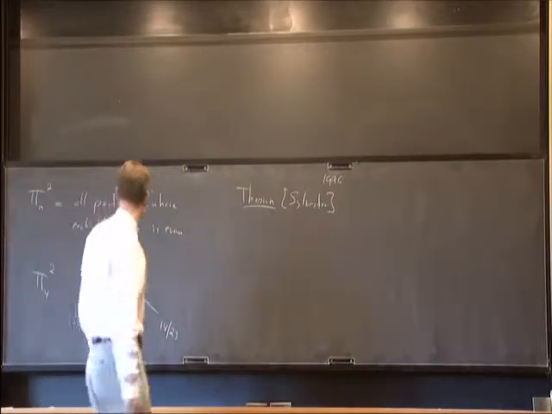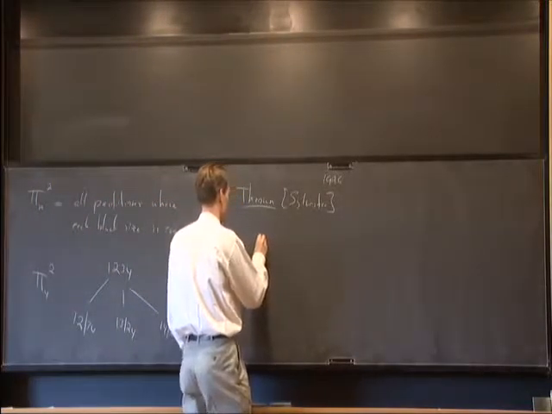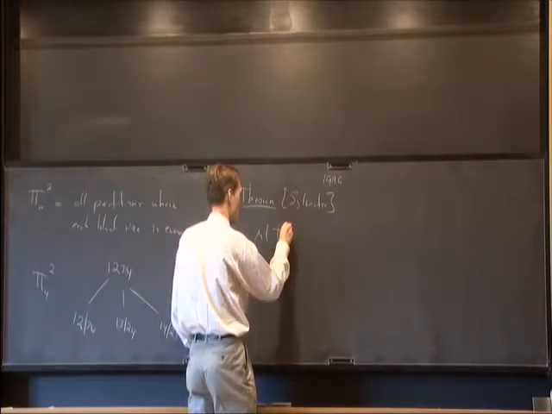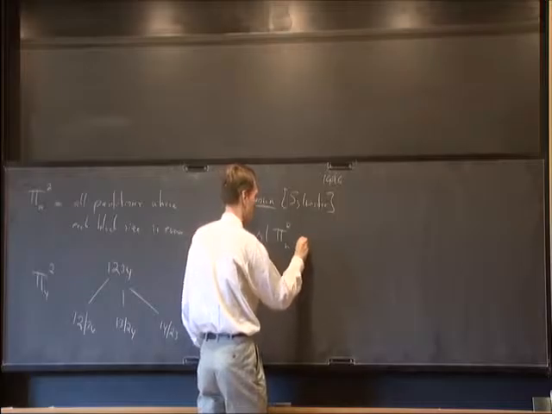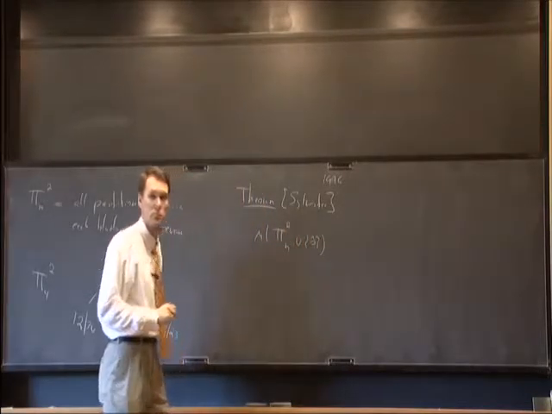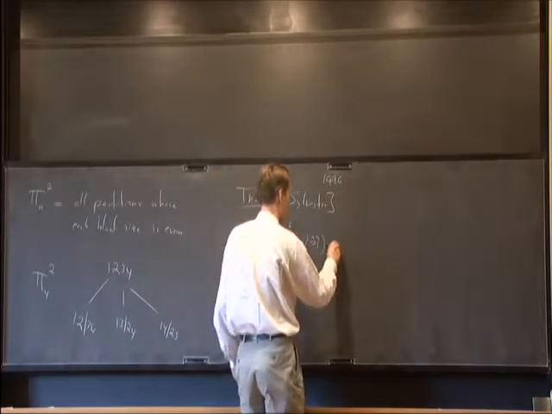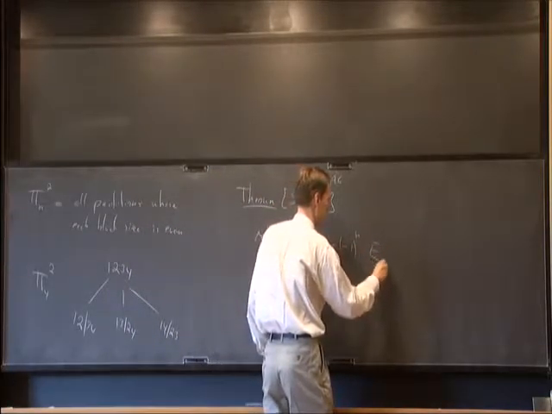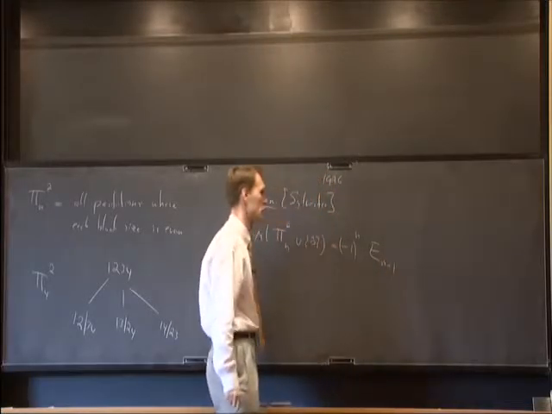And he proved that the Mobius function, if I take this poset and throw in a new minimal element, is given by minus 1 to the n times the n minus first Euler number.